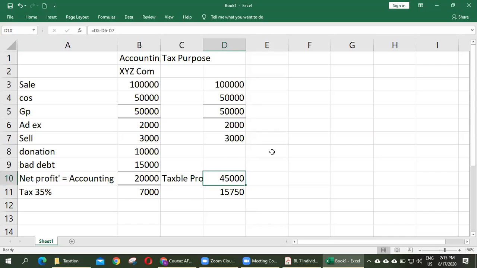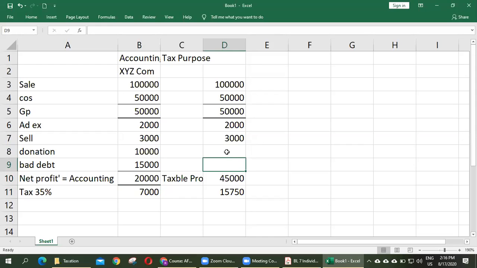People try to reduce the income tax. Therefore, they will deduct many things, donations, bad debt. They will show them as expenditure, and the profit will go down. Therefore, the income tax also will go down. So the government wanted to collect more tax from the people.